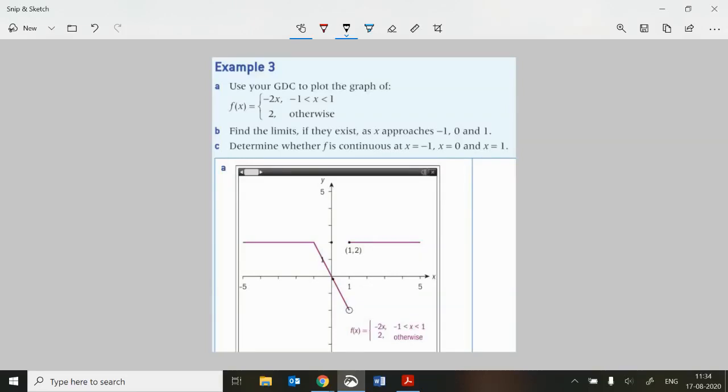Okay, then example 3 asks us to plot this graph here, which is a piecewise function. And then it asks us to find the limits at the particular points. And it asks us then to find out whether f of x is continuous at those particular points. The points being this point here, and this point here. Now, you can pretty much answer that last question just by looking at it, but we're going to need to do this in mathematics.